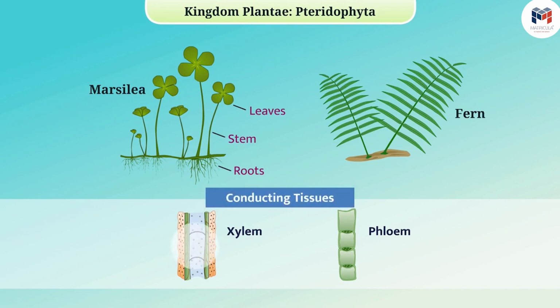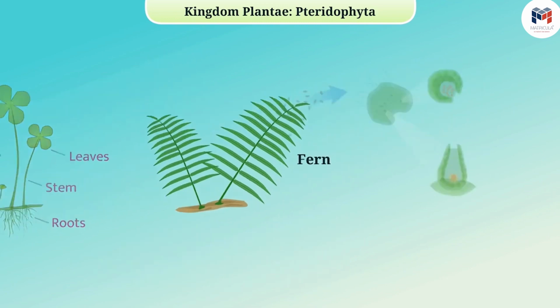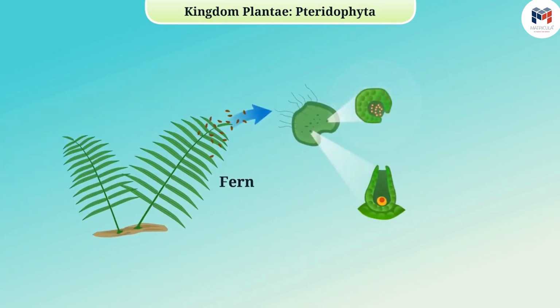Of them, xylem tissue transports water, while phloem tissue transports food and other substances from one part of the plant to another. They neither have flowers nor do they bear seeds. The gametophytes have male and female reproductive parts, which are called antheridium and archegonium respectively.